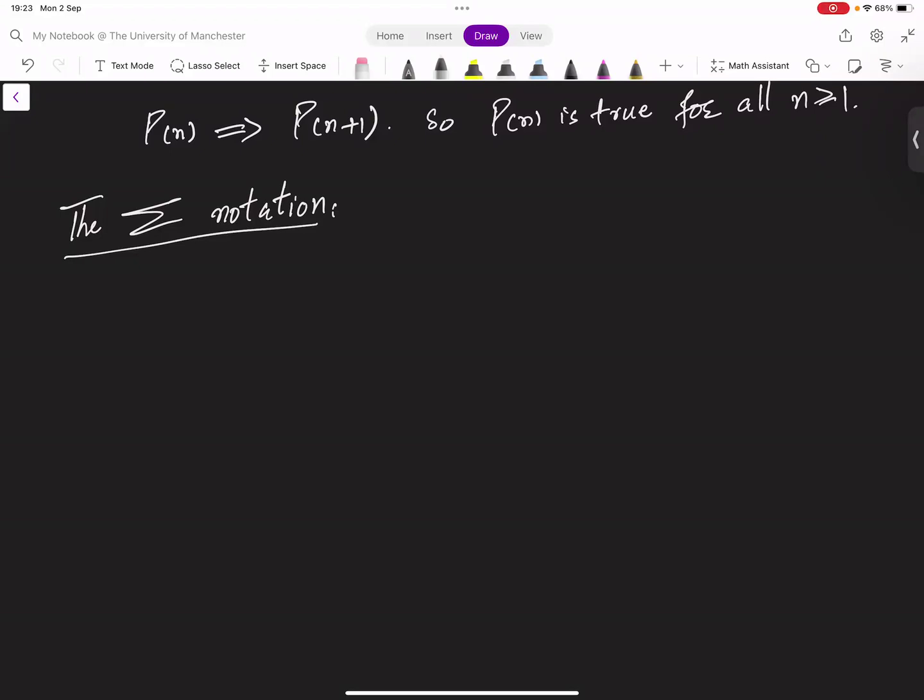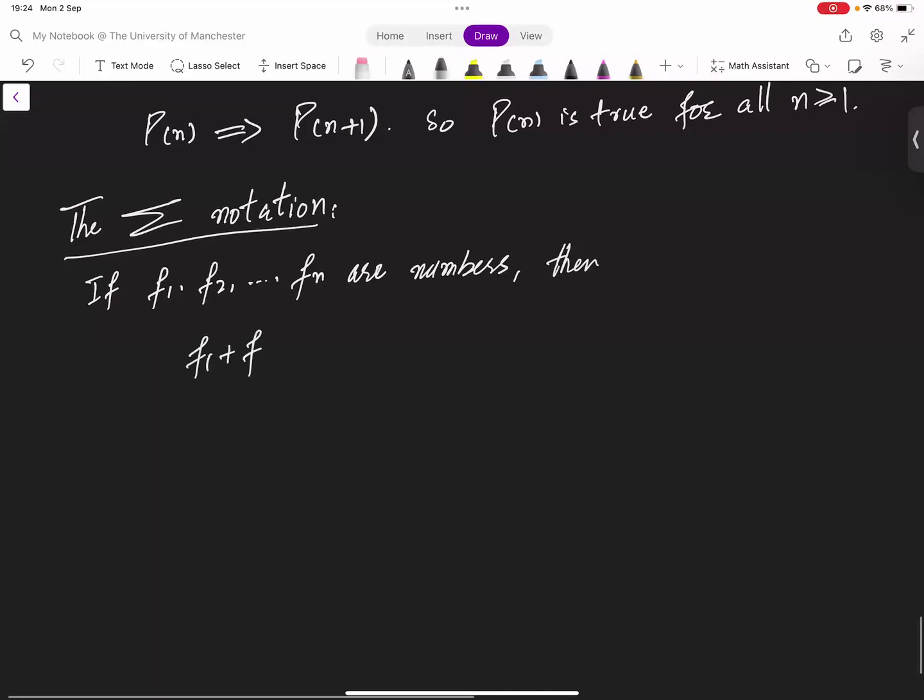Before proceeding with the next example, we introduce an important notation for writing down sums of many terms. Let's say f1, f2 up to fn are numbers, then we abbreviate their sum as follows.